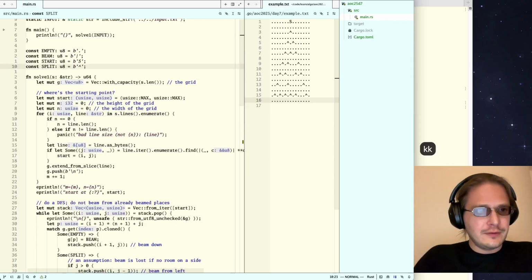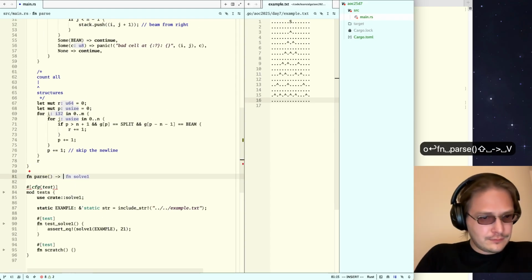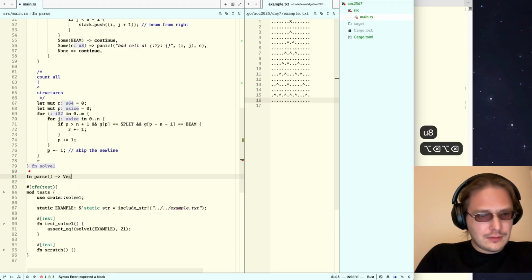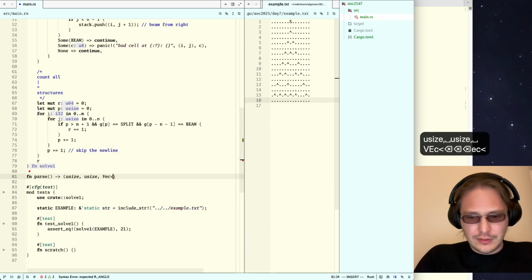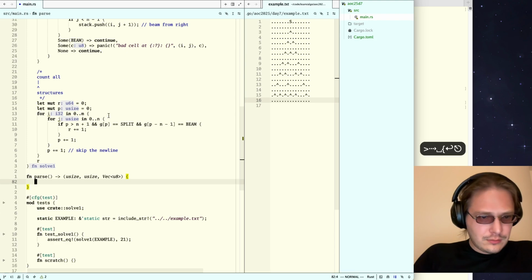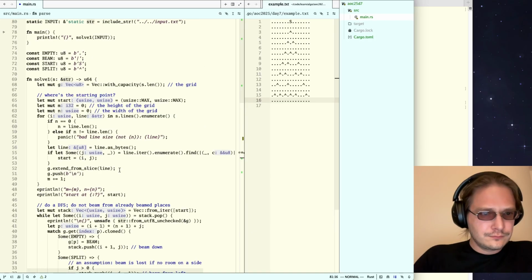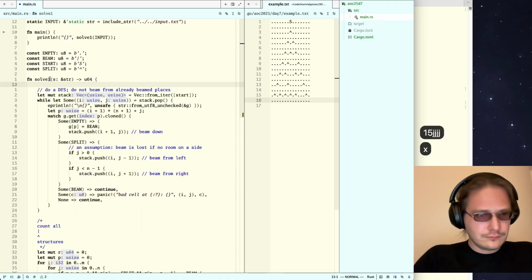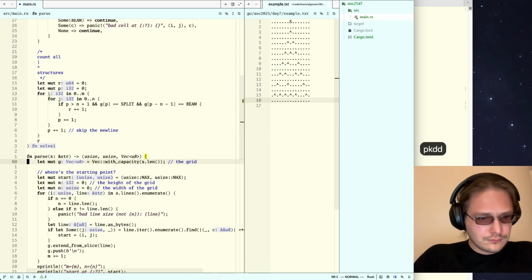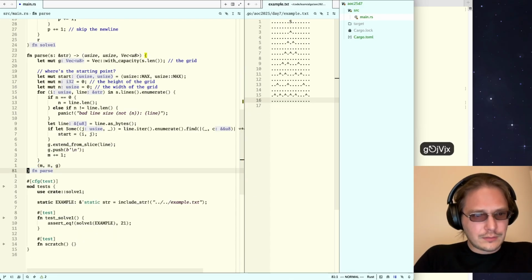Okay, let's reorganize this a little bit. Let's say that parse produces a vector of u8 and a usize size. Okay. And in the end, we return m, n and the grid.